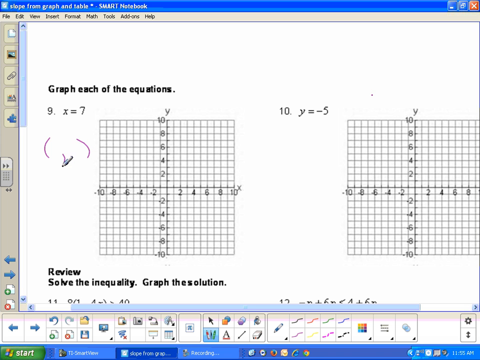Every point on this line, the x value is 7. That's what I want to pick. So if I do that, there's (7, 0), (7, 2), (7, -4), (7, -7).